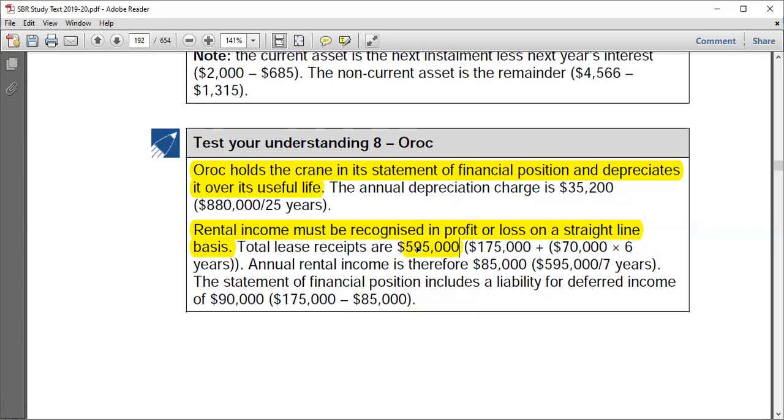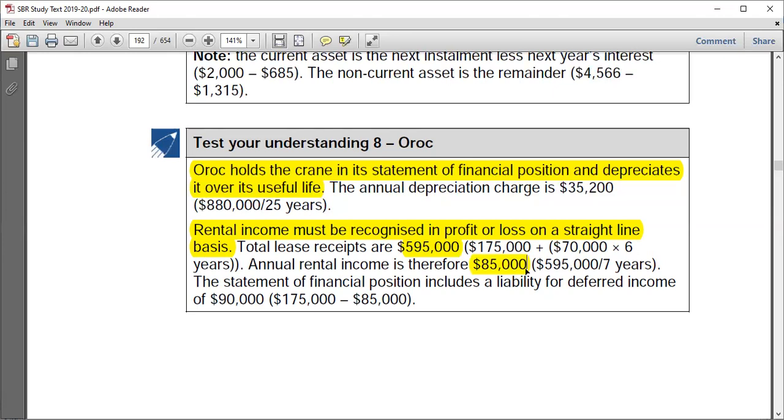So remember you have the 7 years. Just find the average, just like we did before. You take this total figure over 7 to obtain 85,000, and then we'll build with that for all the years. Now for our case here, we're just dealing with the first year.